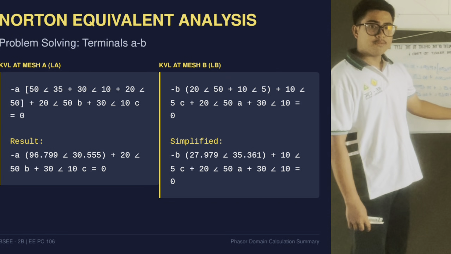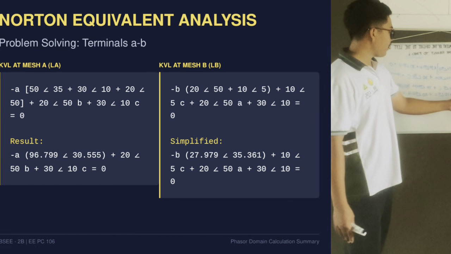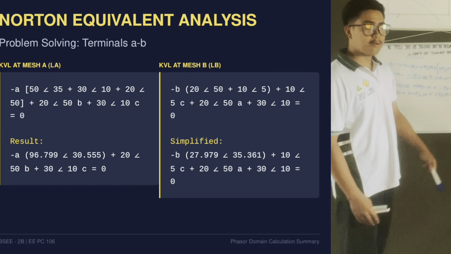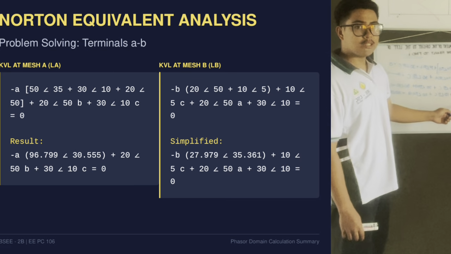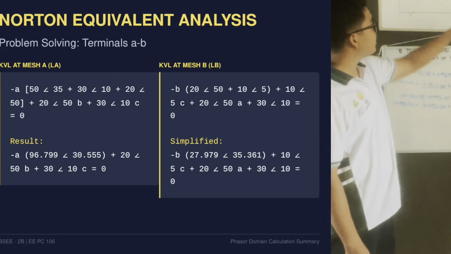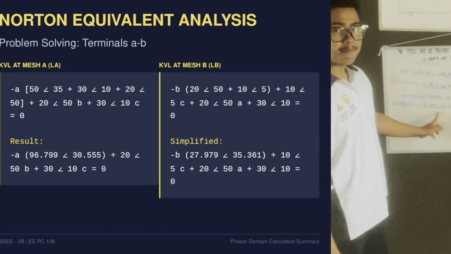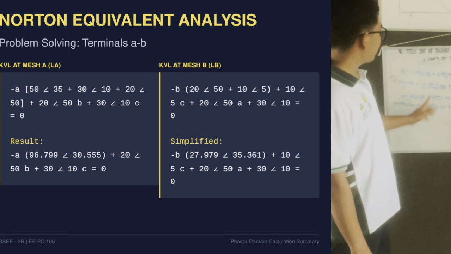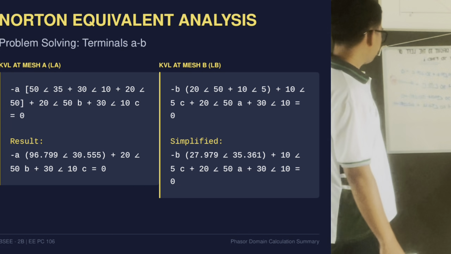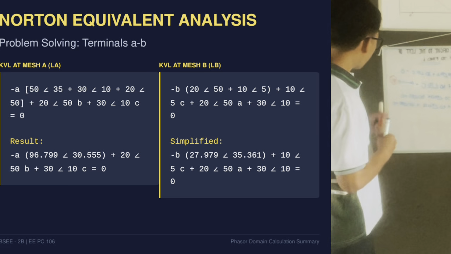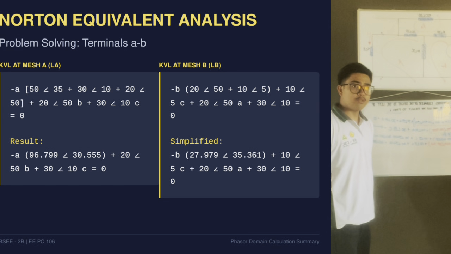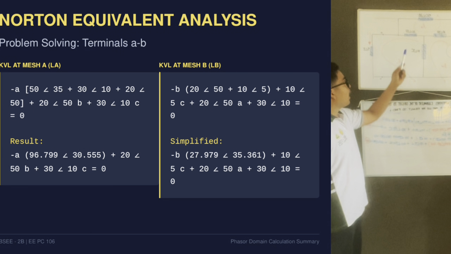Negative B, the value of 20 angle 50 plus 10 angle of 5 is 27.979 angle of 35.361, plus 10 angle of 5 times C, plus 20 angle of 50 times A, plus 30 angle of 40 is equal to 0. Now this will become our equation 2.